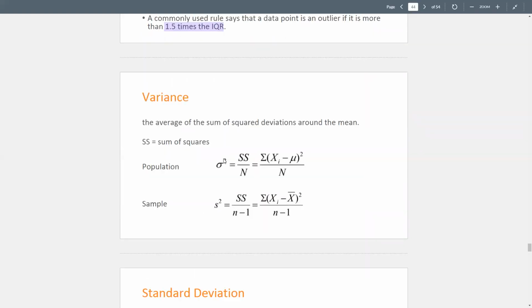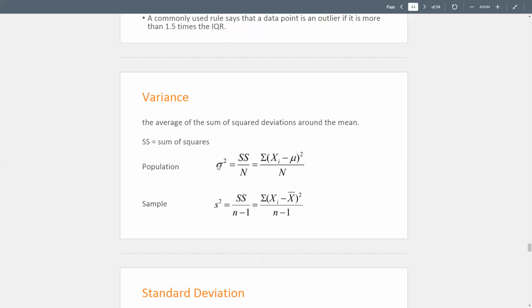The variance is basically the average of the sum of squared deviations around the mean. So we take each value, subtract it from the mean, square it, do that for every value, and divide by the total number.